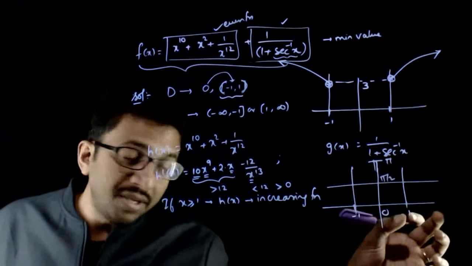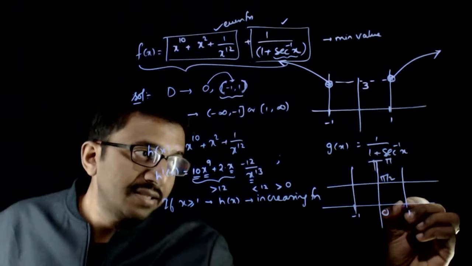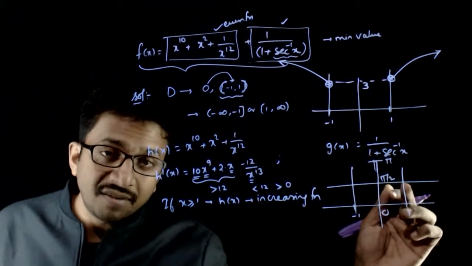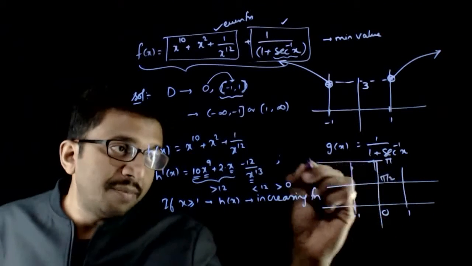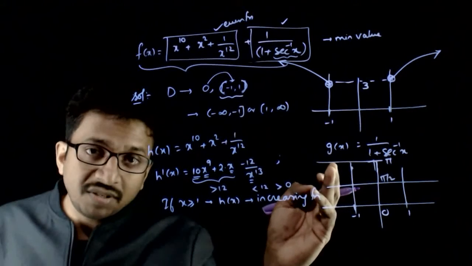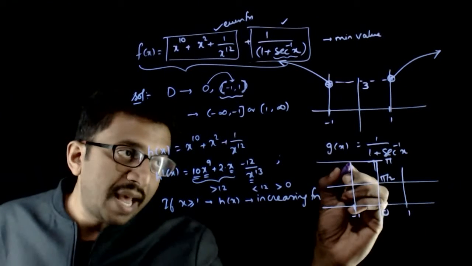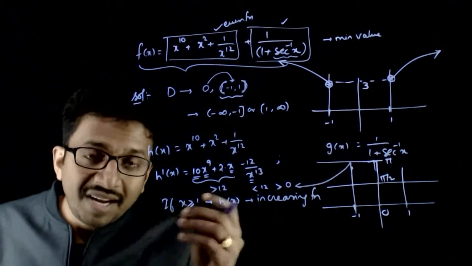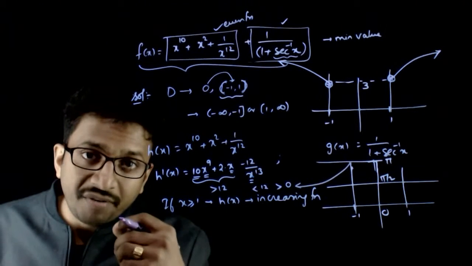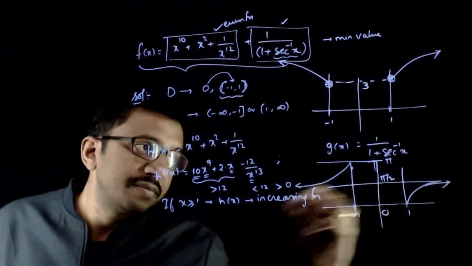If positive numbers go inside secant inverse, you get angles in the first quadrant. If negative numbers go inside secant inverse, you get angles in the second quadrant. So you have a graph like this, because secant inverse of pi by 2 is not defined.